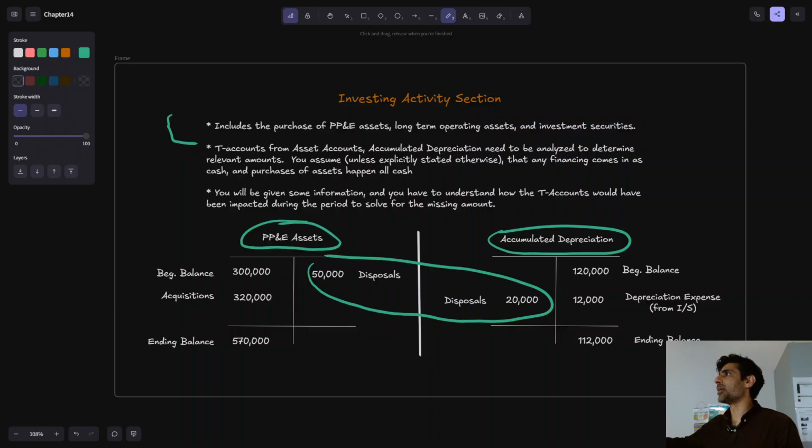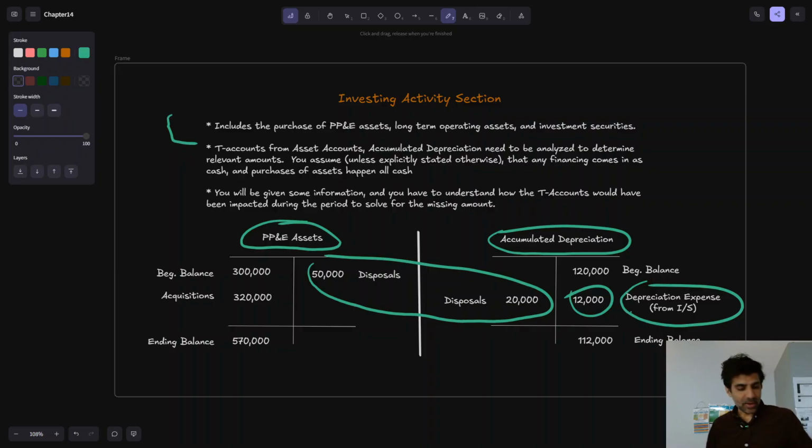You've got to solve for the last one. That's a lot of what the homework problems will be about. But really it's understanding this framework of how the asset and accumulated depreciation accounts work, and also this depreciation expense, which comes from the income statement. That's also going to appear here.